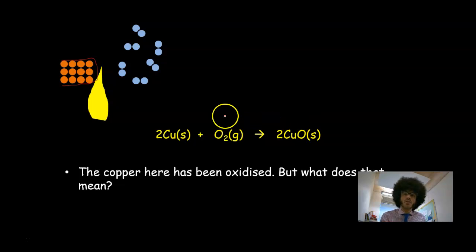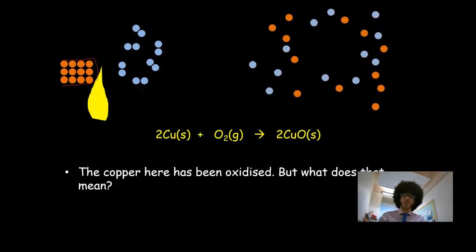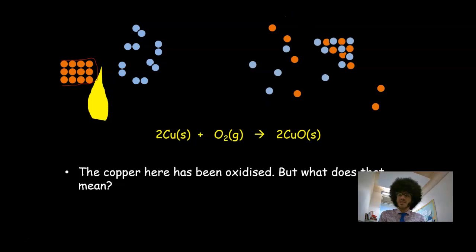The blue particles, which form diatomic molecules, are the oxygen molecules floating around in the atmosphere. As they react, the two combine. Initially the atoms are quite far apart, and then they start reforming the bonds to create copper oxide. They come together to form a relatively large lattice, which is the copper oxide, and you can scrape it off the wire to form a powder.